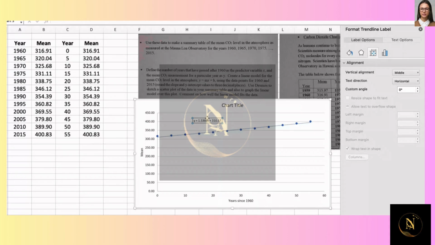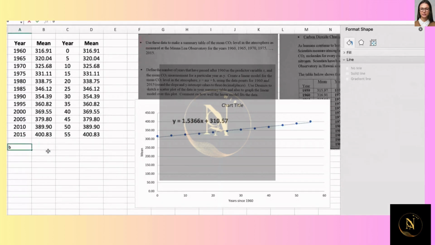Let me make this bold and a little bit bigger. So this is the regression equation that it came up with. We'll call this second one b. It would be y equals 1.537x plus 310.57.